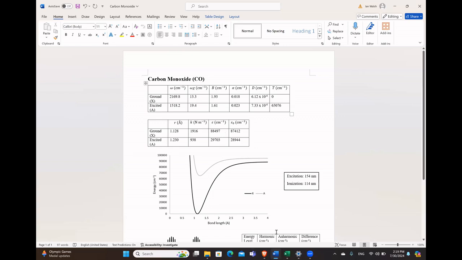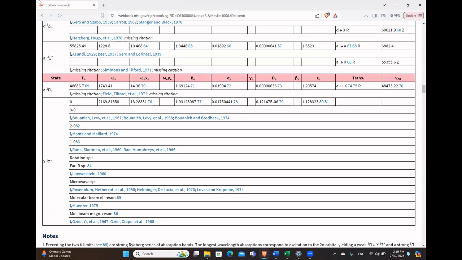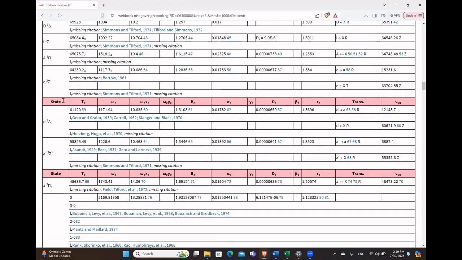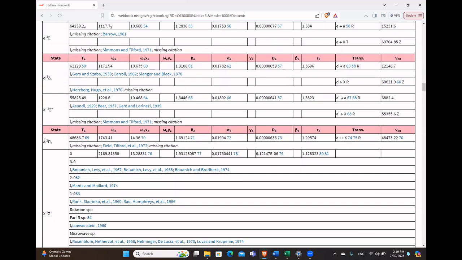And we can look at some excited states here. It's a little bit beyond the scope of what we want to do. But this X state is the ground state, and then every other state here is an example of an excited state. What I would recommend you pick is one with a capital letter. The lowercase letters represent a different spin state. So you can see this 3 here as compared to this 1 here.